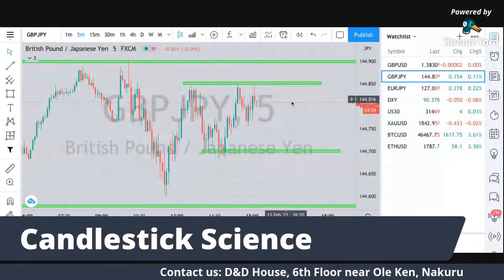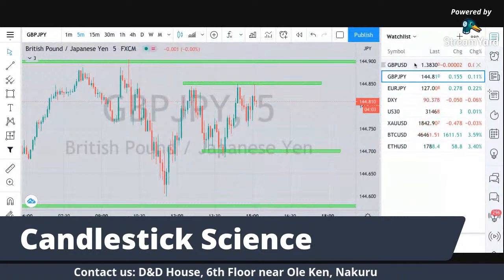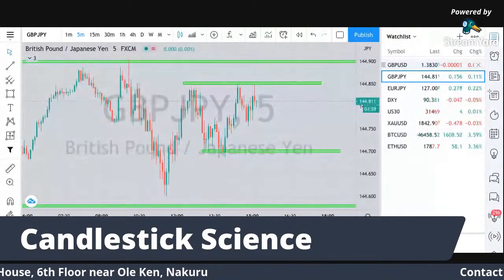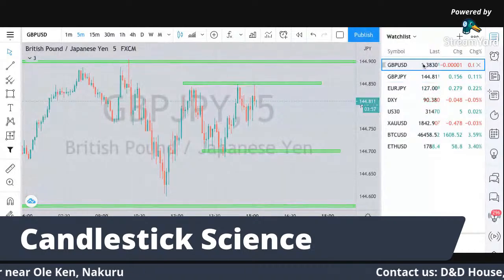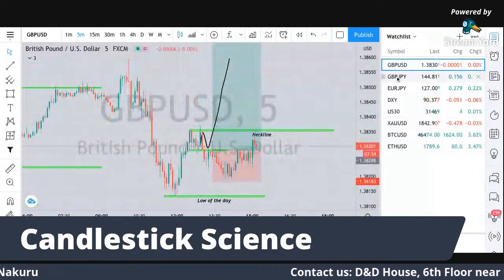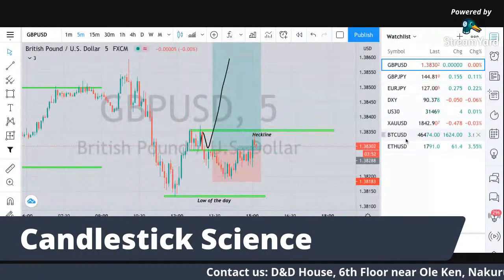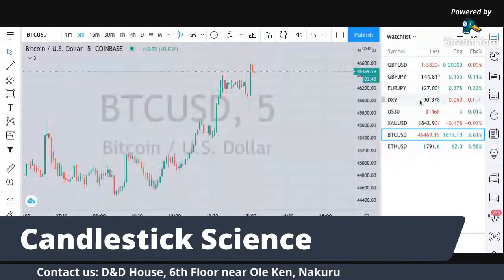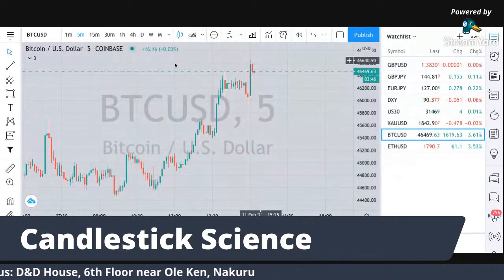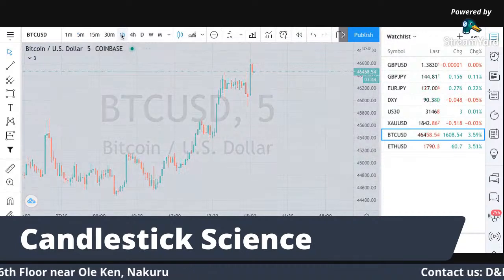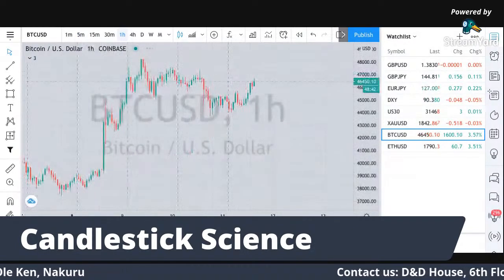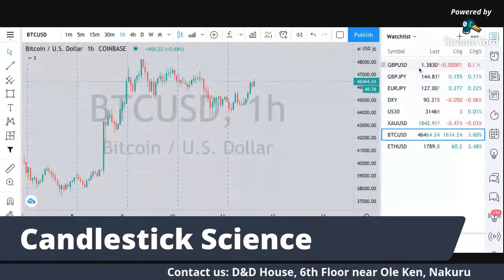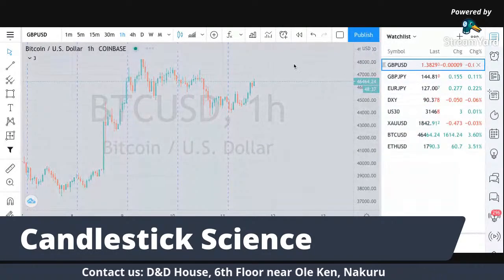What do you think of your GJ? GJ is still ranging. It is just stuck. No, it is just still ranging. I think you know when price is ranging a lot, most of the time you see there is a big move which will happen. When there's a lot of ranging, it's the same thing which happened last week.